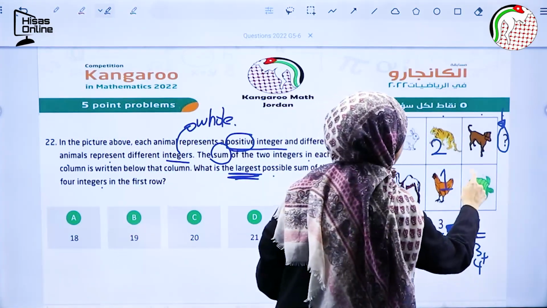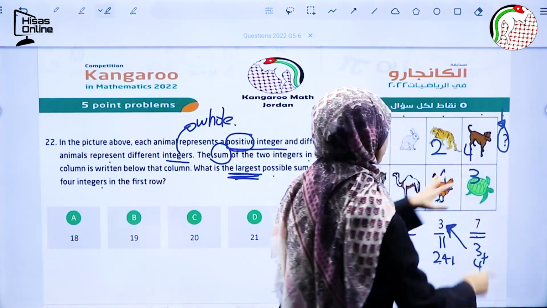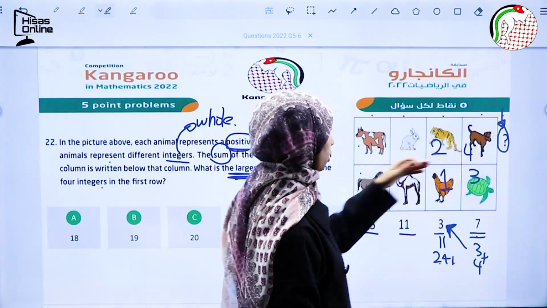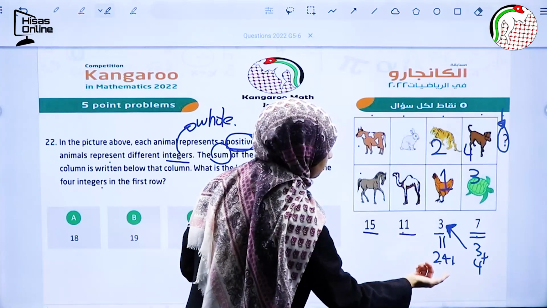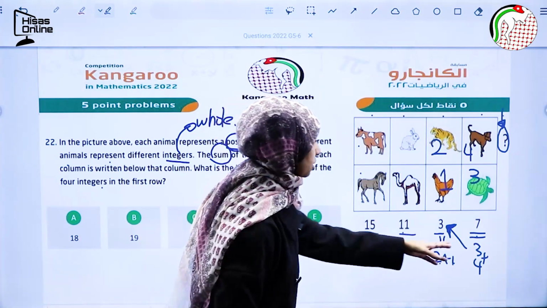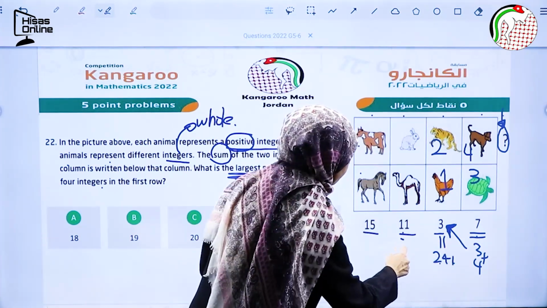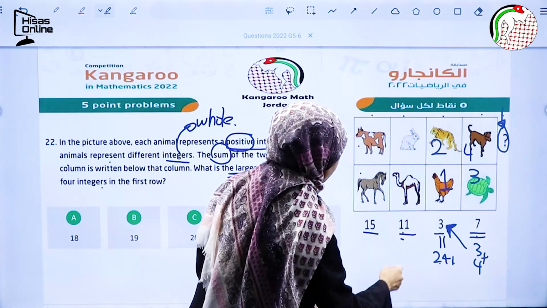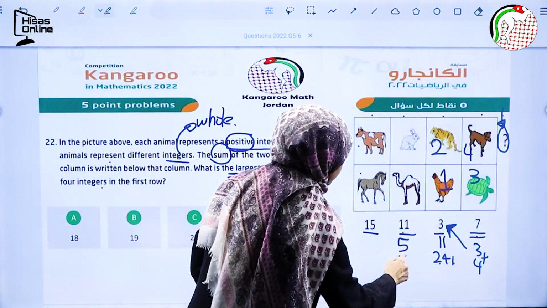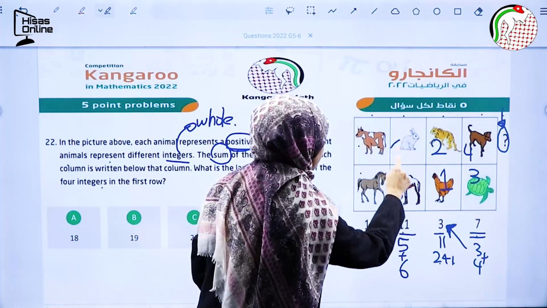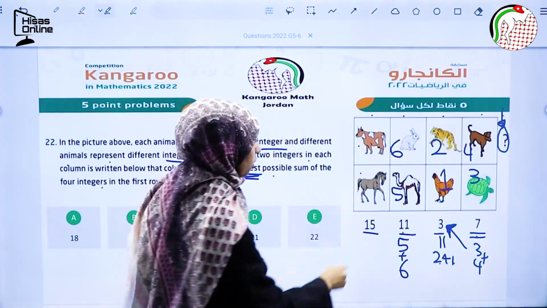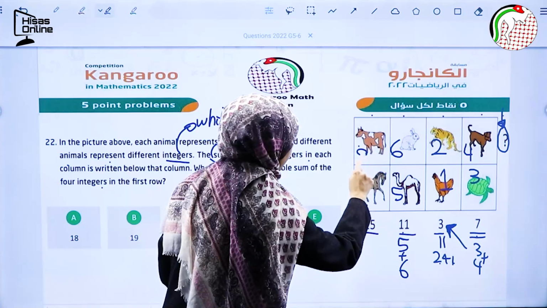So 3 and 4, as we agreed, the biggest number must be on the top row. Now 11. What gives me 11? I have many options, but since I reached 4, I can find that 5 plus 6 equals 11. That makes 5 here, 6 on the top, and the last one 7 and 8.